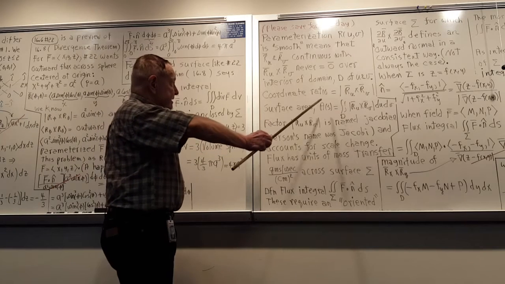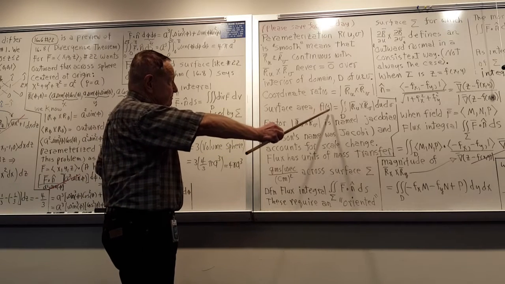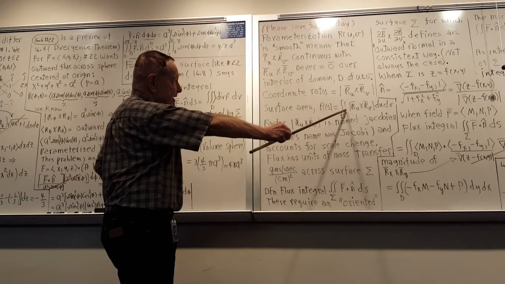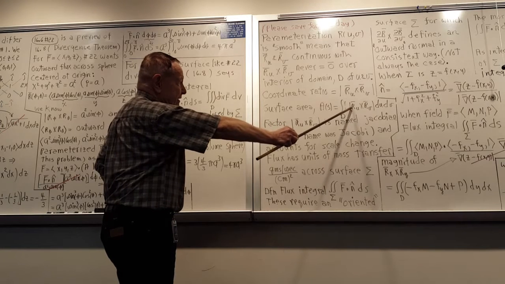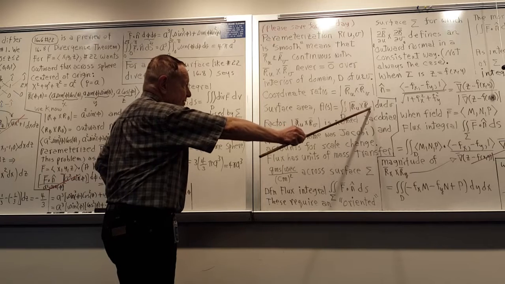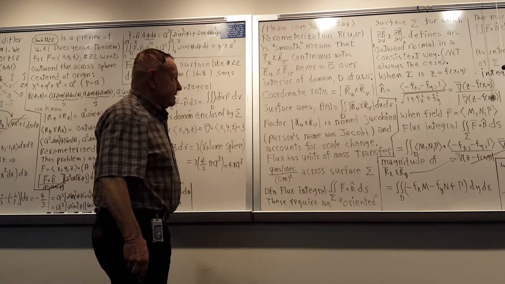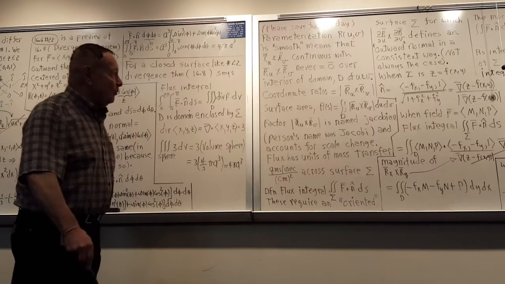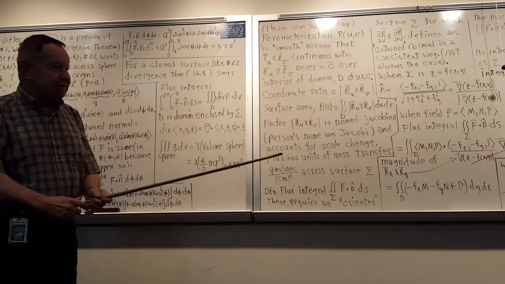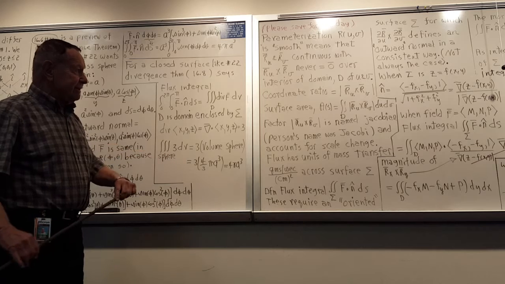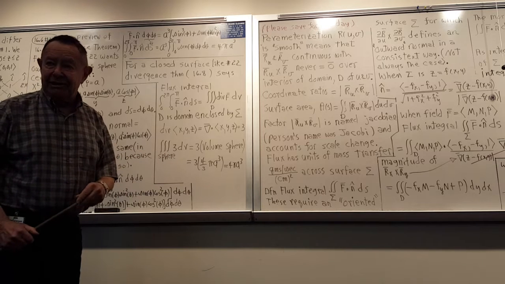The area on the surface would be the integral over the domain of the magnitude of this cross product. So this coordinate ratio or projection factor is also called the Jacobian.